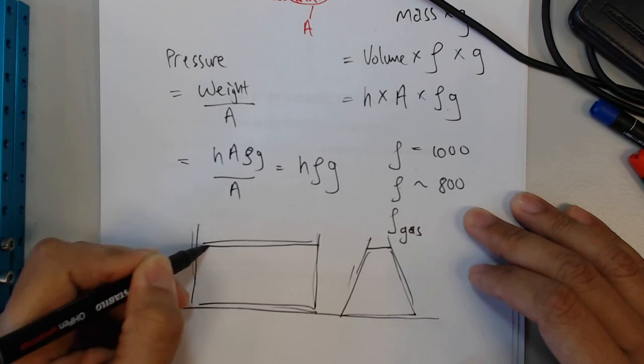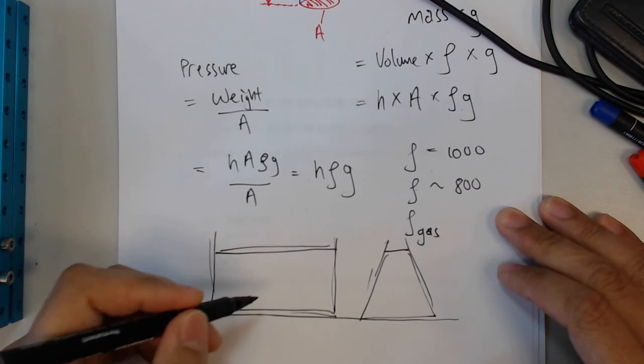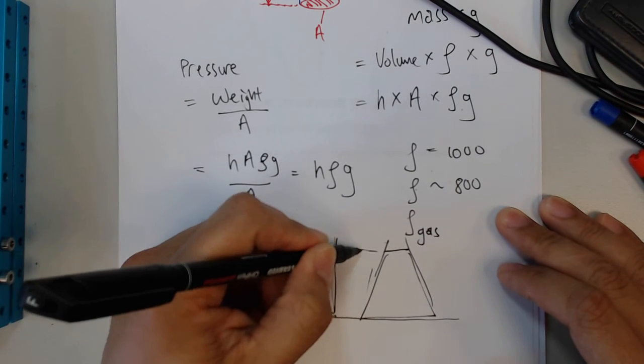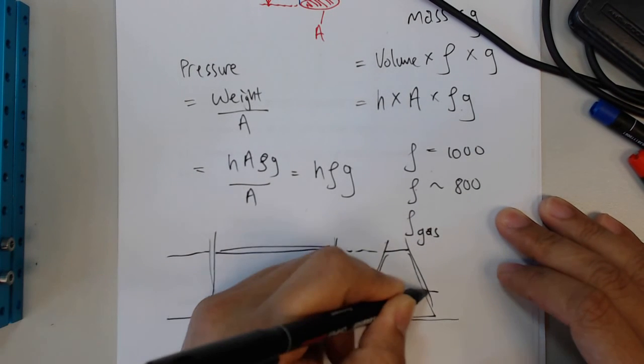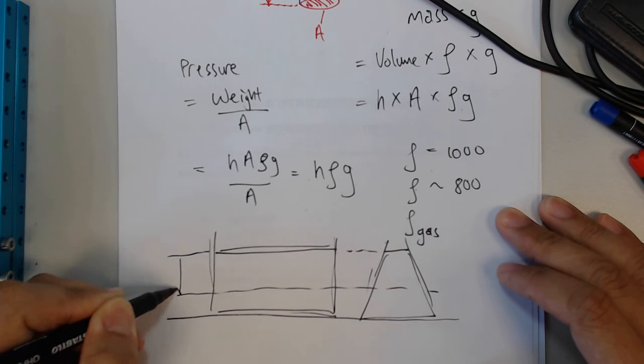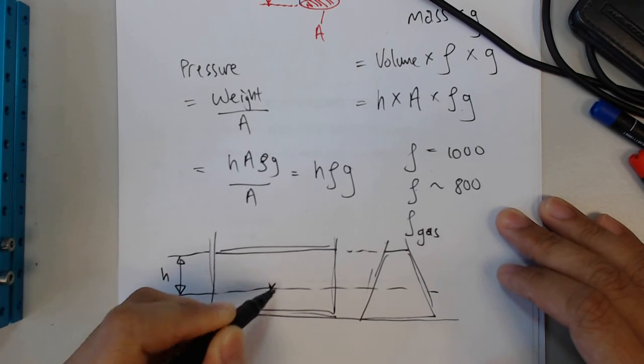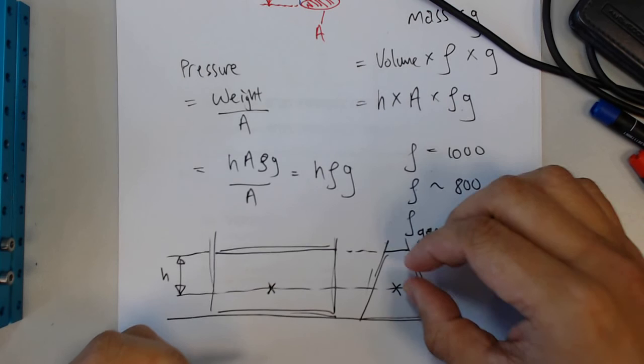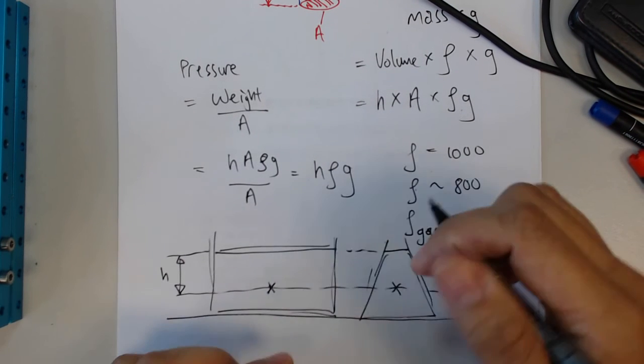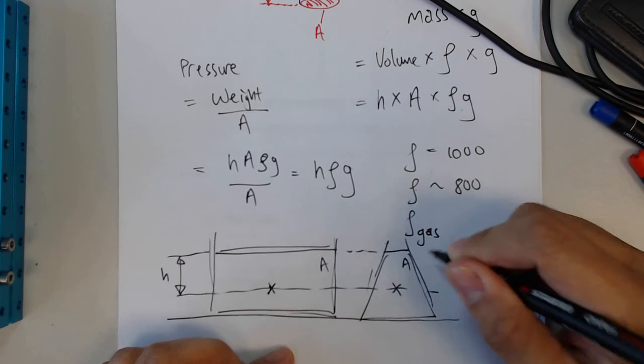Let's just try to draw it here. If this is the same depth, this point will have the same hydrostatic pressure as this point because they are at the same depth, if this is the same liquid.